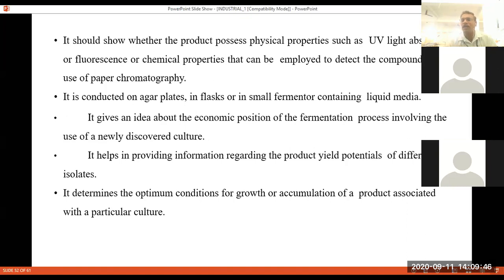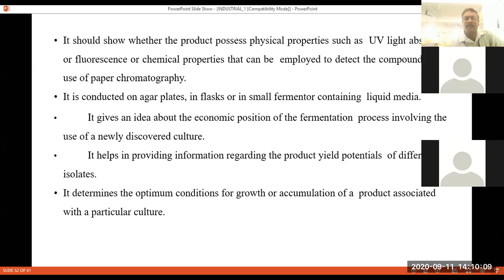I know very well how much carbon is present, how much nitrogen is present, and how many minerals are there. When you are defining and designing the media, you know each and every possibility regarding the physical as well as the chemical aspects.